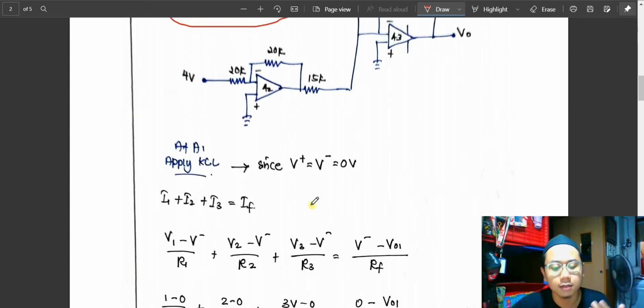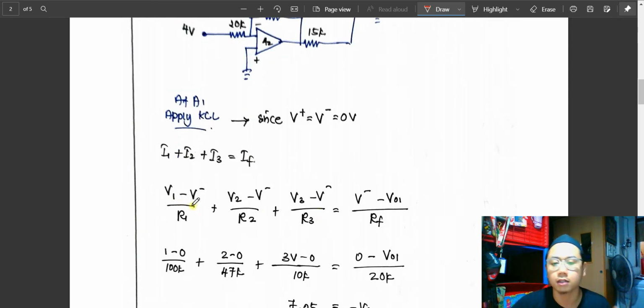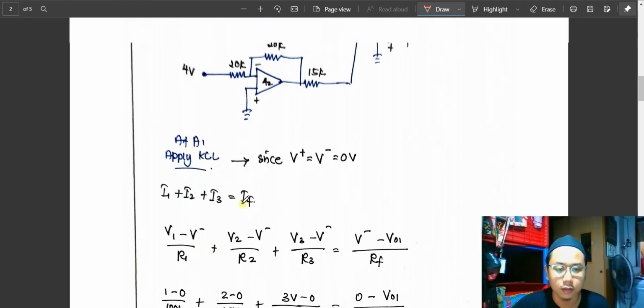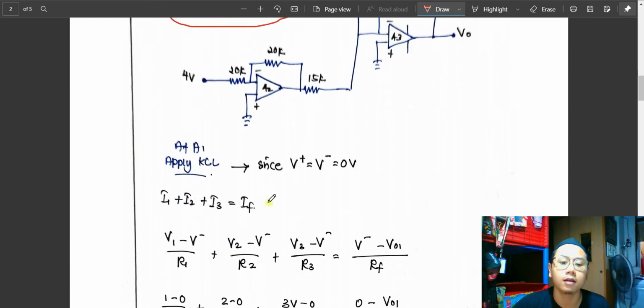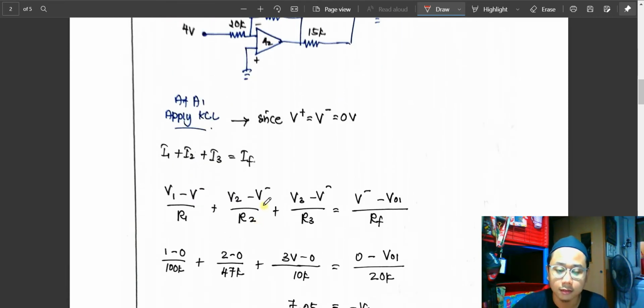By using this calculation, (V1 minus V minus) over R1 plus (V2, the second power supply, minus V minus) over R2 plus (V3, the input 3, minus V minus) over R3 is equal to (V minus minus V out 1) over RF.